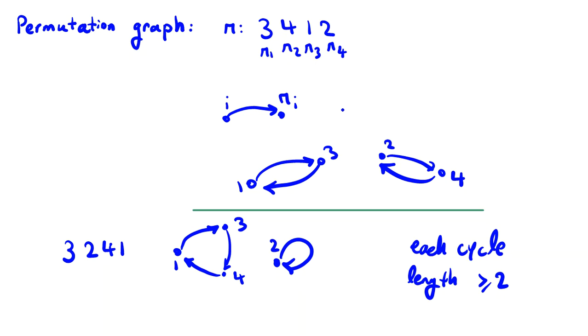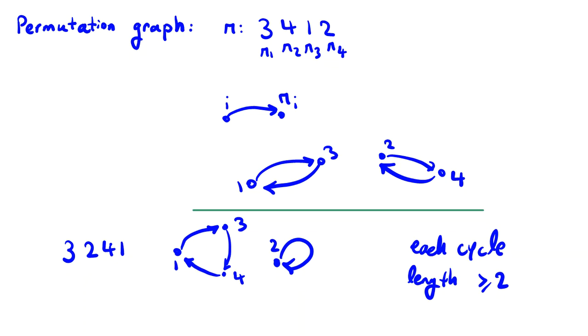We consider n vertices and connect i to π(i), directed in this direction. So 1 goes to π(1), which is 3, for example, then 3 goes to π(3), which is 1. 2 goes to π(2), which is 4, and 4 goes to π(4). In this example, 1 goes to 3, 3 goes to 4, 4 goes to 1, and 2 goes to 2.